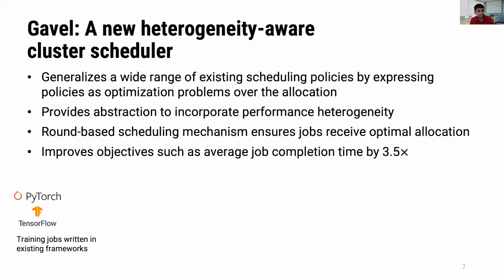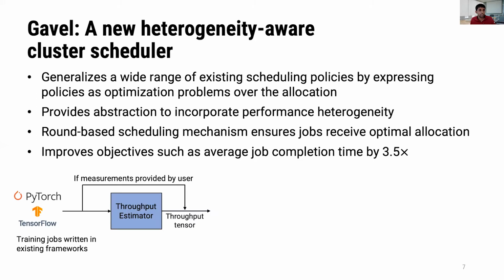Applications in Gavel are written in existing frameworks such as PyTorch and TensorFlow. Gavel requires that either applications provide throughput estimates for how they perform on different resource types, or use Gavel's throughput estimator module to estimate these throughputs on the fly.